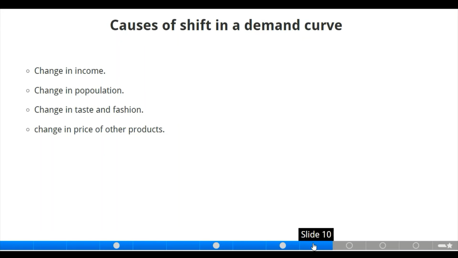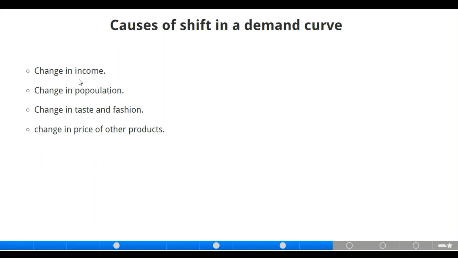Moving to the next slide, where we have causes of a shift in the demand curve. What can cause a shift in the demand curve if the price is constant? Now, we have change in income. If there is an increase in the income of a consumer, the consumer may buy more of the commodity, or if there is a decrease, he will buy less of the commodity.